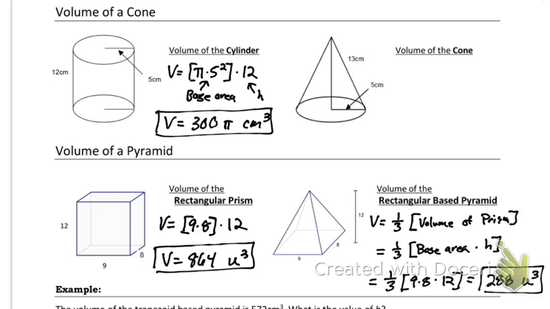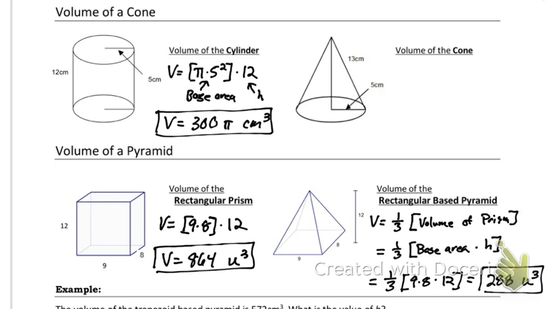All right, using that same idea, we're going to look at that cone. So we started with the volume of a cylinder. That's going to relate to a cone. Well, the same thing is down here. So this is 1/3 the volume of the cylinder.